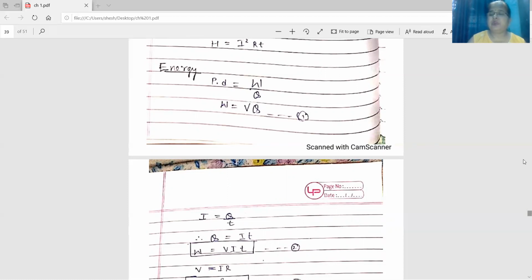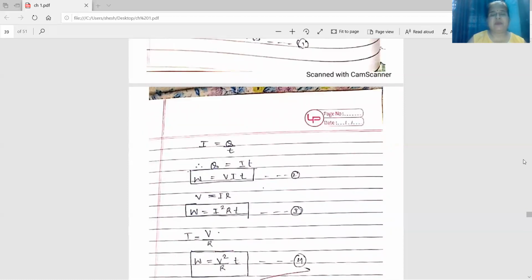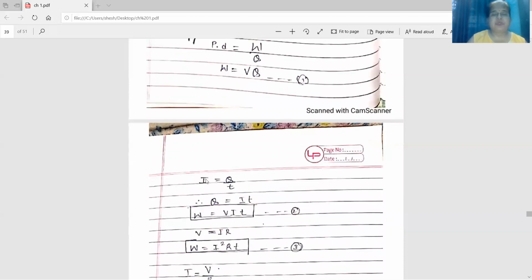We also know I equals Q by T, so Q equals I into T. Substitute this value in equation number 1. You will get W equals, in place of Q, you will write IT. So W is equal to VIT. Let it be equation number 2.